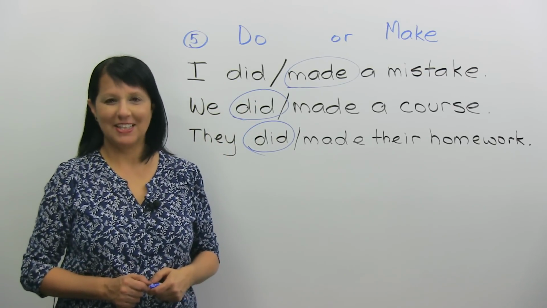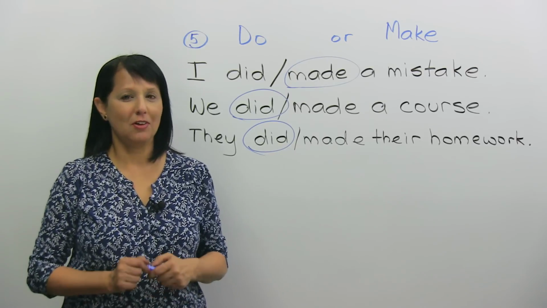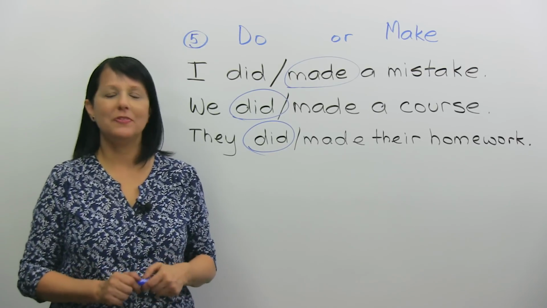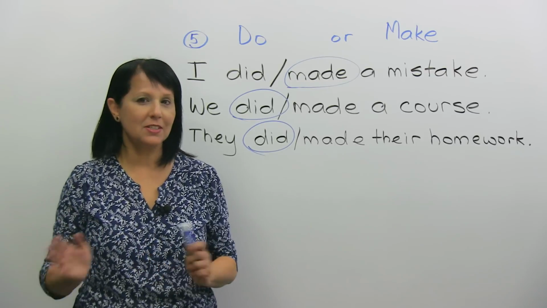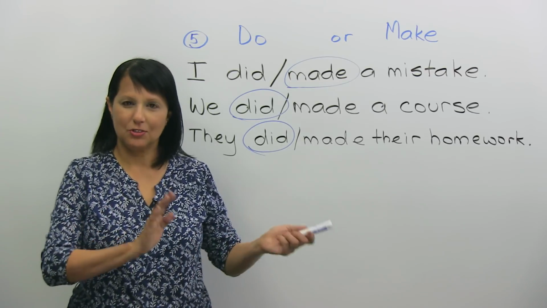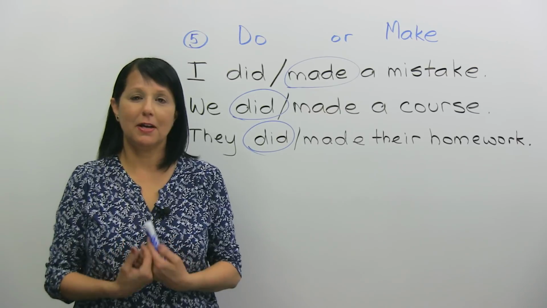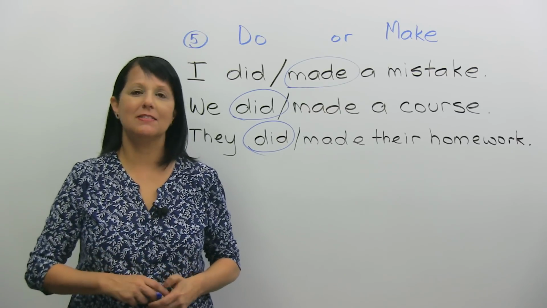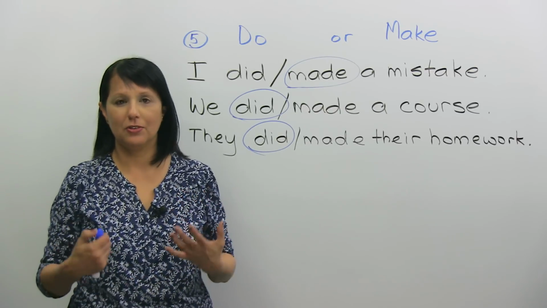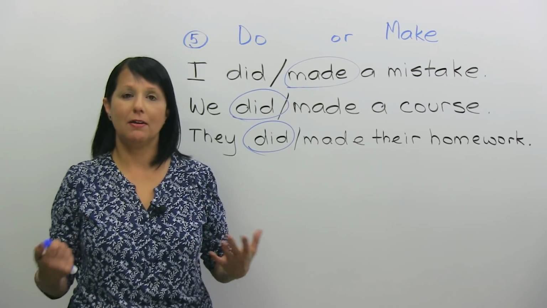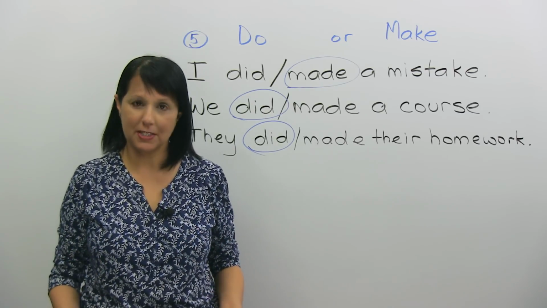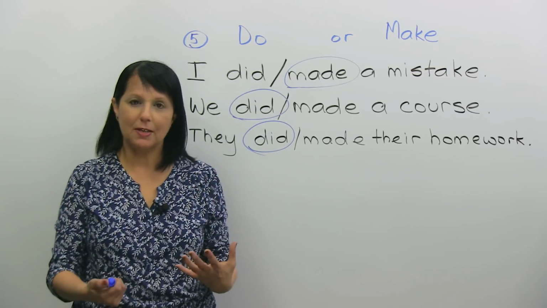So, how do you know whether to use do or make? Well, it's like this. I've been teaching English for a long time, and I can tell you that there are lots and lots of rules to help you choose do or make. But in my experience, the best way to learn these is to learn the expressions by heart. Become familiar with the expressions, okay? Use them a lot.